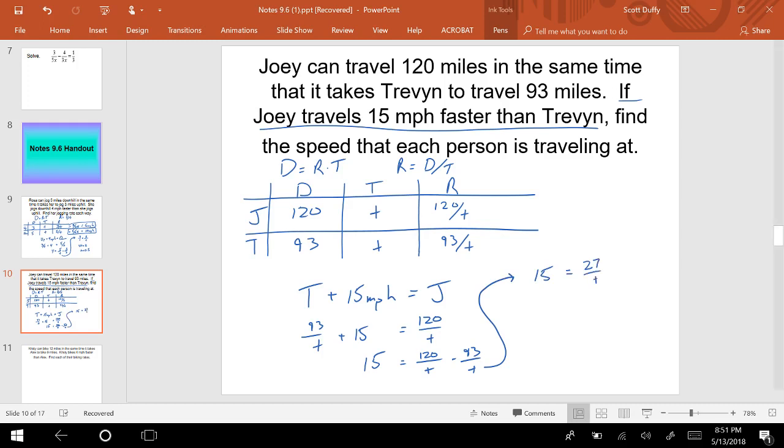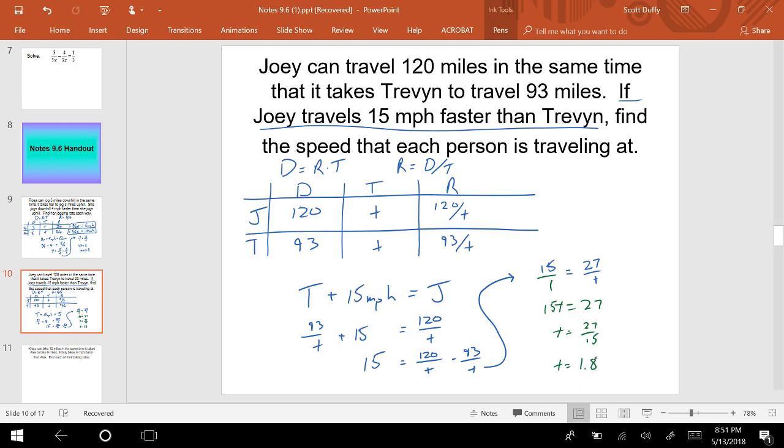Now, I have a fraction on the right, I don't have a fraction on the left, so let me put 15 over 1. Now we'll cross multiply, we get 15t equals 27. t is equal to 27 over 15, which equals 1.8.